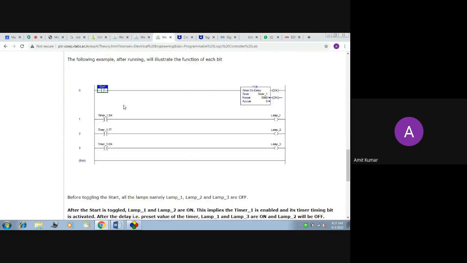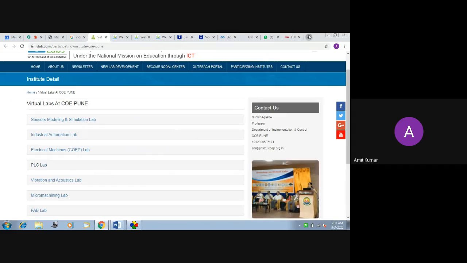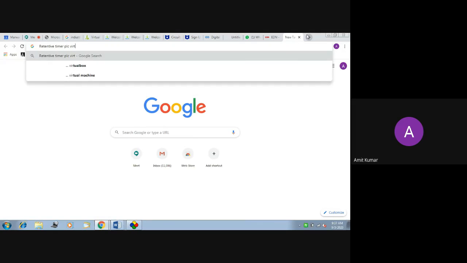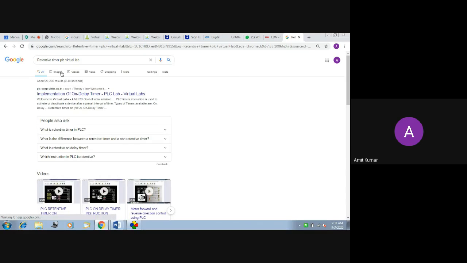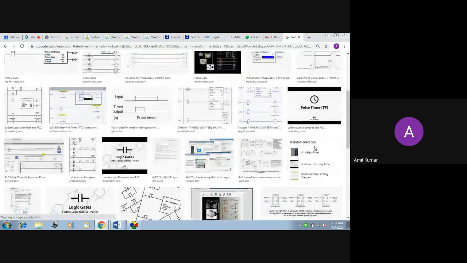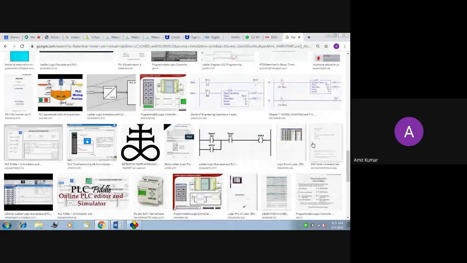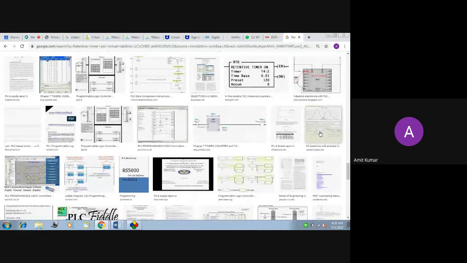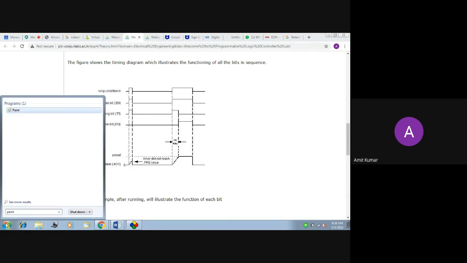Let me take the timer from here only. If this is your timer, what will be the difference in the figure?